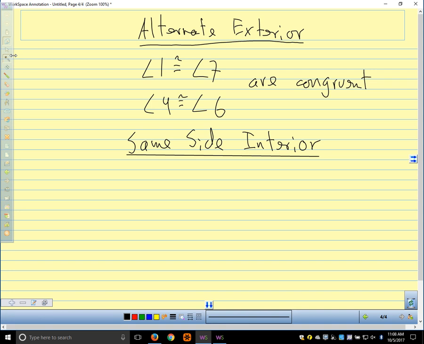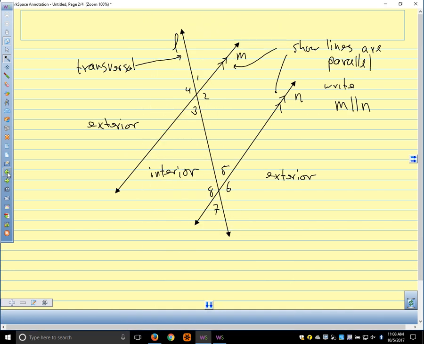Interior means between the parallel lines. So on our diagram, that's going to be angle 2 and angle 5, and angle 3 and angle 8. So let's go 2 and 5, 3 and 8, same side of the transversal between the parallel lines.